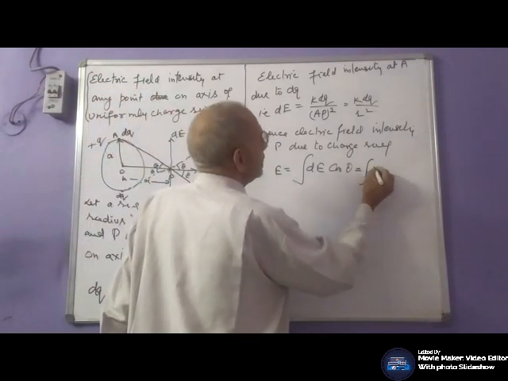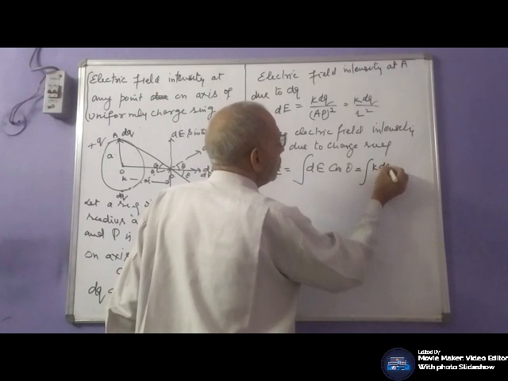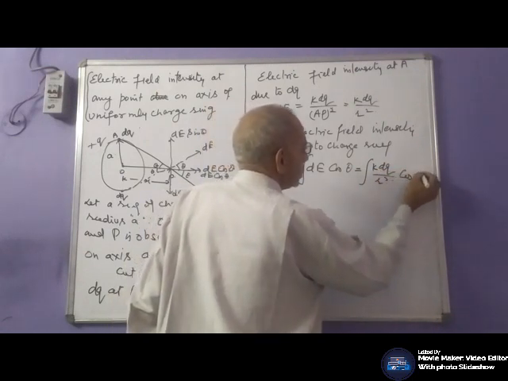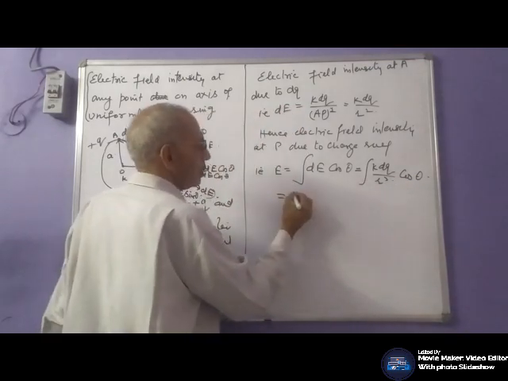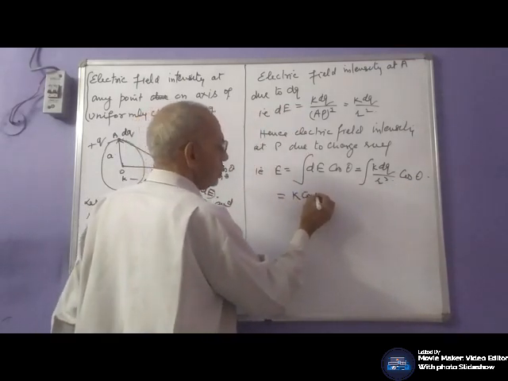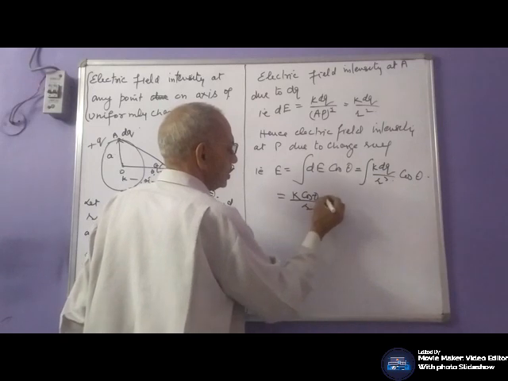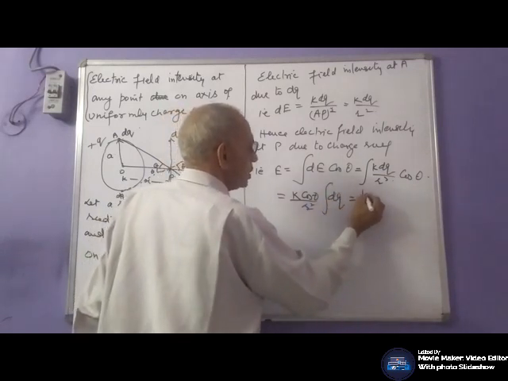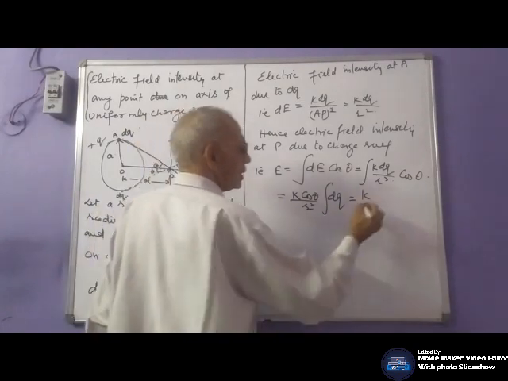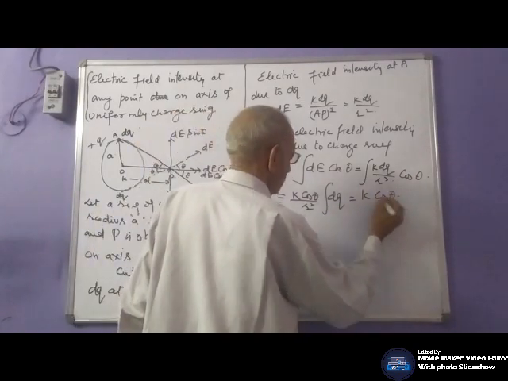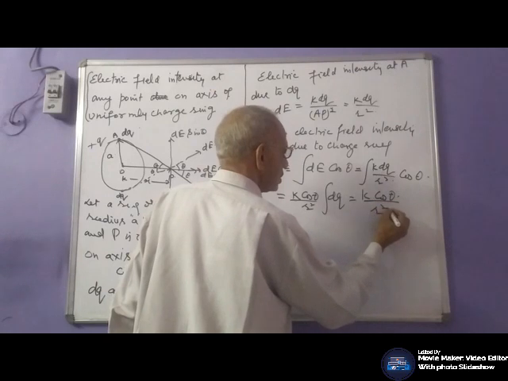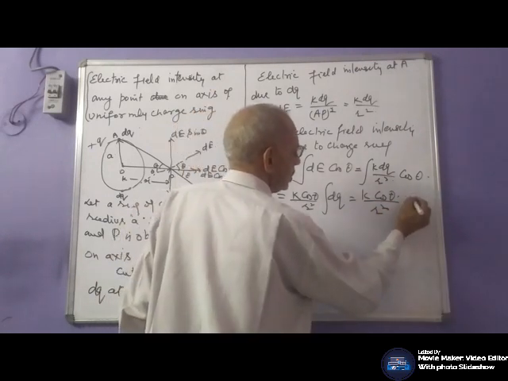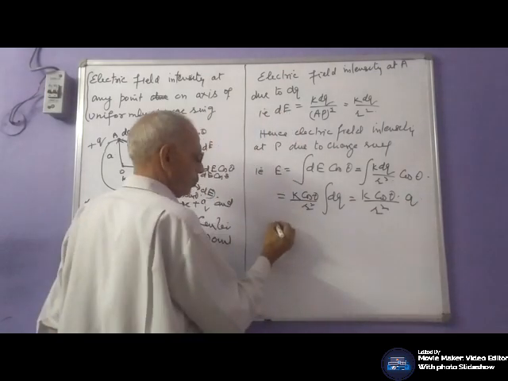And dE is k dq by r square, so it is k cos theta by r square dq, or k, constant outside, cos theta by r square, integration of dq. Integration of dq is q.